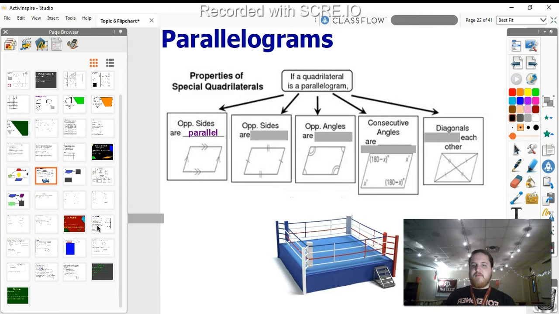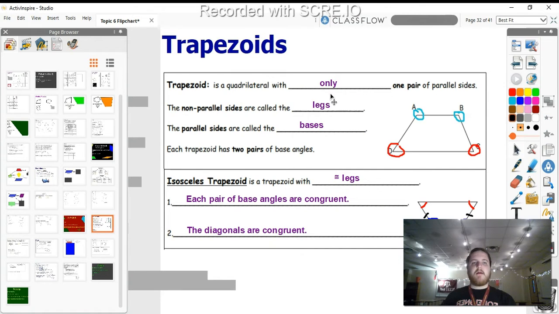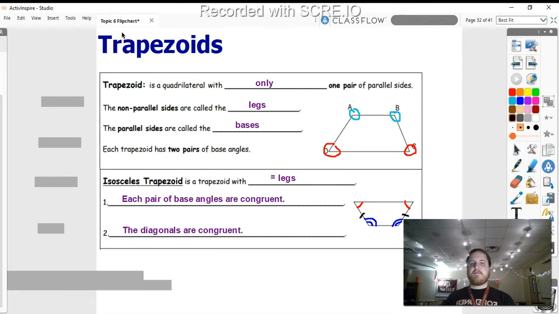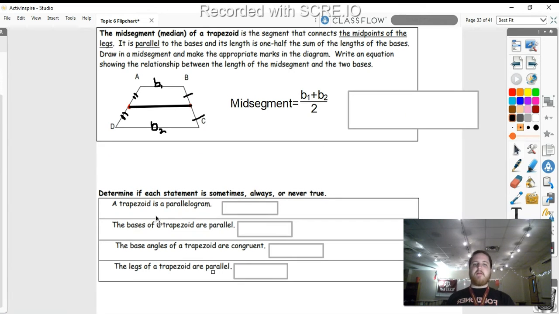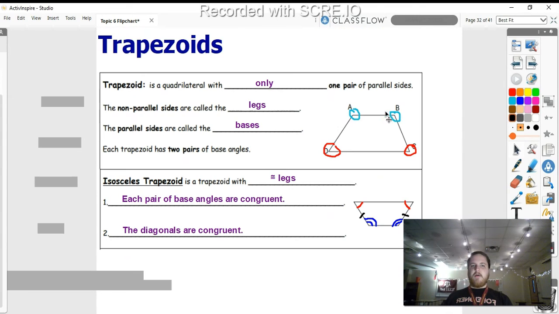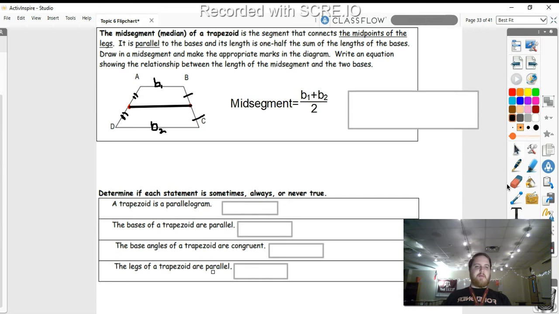When we look at the definition of a trapezoid, we have only one pair of parallel sides. So how is it possible that a shape could be a parallelogram with two sets of parallel sides and also a trapezoid with only one set? The answer is no, that's not possible at all.